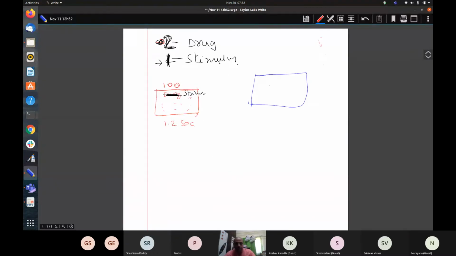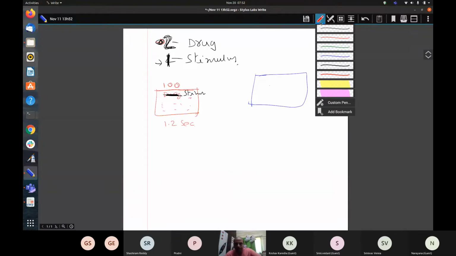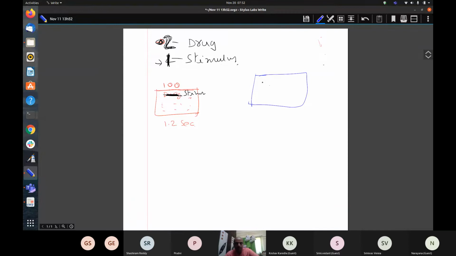But now, in the new experiment, there are 100 rats. Stimulus was given, and along with that, the drug is also given. Now he finds that the new experiment is giving 1.05. The rats are responding very quickly, 1.05 with a standard deviation of 0.5.